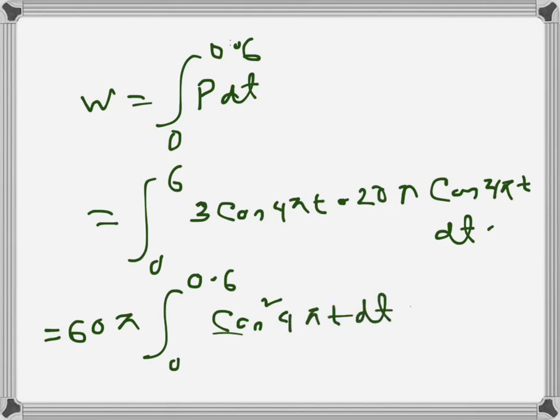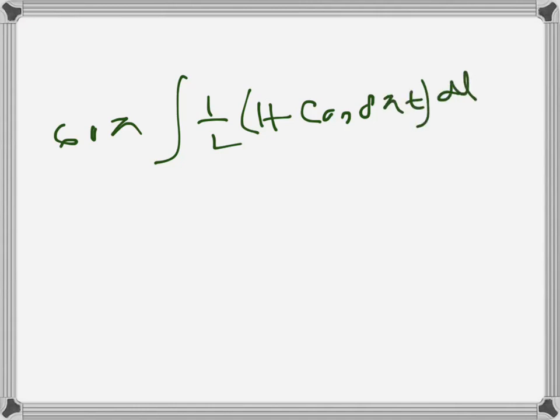Now this is a square, so we want to use the double angle formula of trigonometry. It will become half of (1 + cos 8πt) dt, from 0 to 0.6.